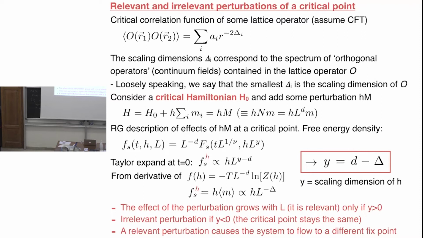So then you can say, okay, there's some 1 over nu that is positive, that is similar to that nu there, but the value is different. While if the perturbation is irrelevant, this argument there eventually goes to 0, like those L to minus omega I showed before. So in that case, we will call y omega. Okay, so if you have a relevant perturbation, of course, it makes the system flow to a different fixed point, whereas if it's irrelevant, you stay at the fixed point.